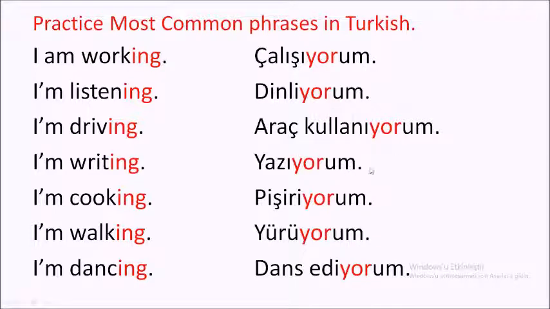Okay, now let's repeat one more time. You know why I'm repeating this? This is really very helpful and very practical to remember the sentences, if you also practice together with me or by yourself after watching this video. Okay, çalışıyorum, dinliyorum, araç kullanıyorum, yazıyorum, pişiriyorum, yürüyorum, dans ediyorum.